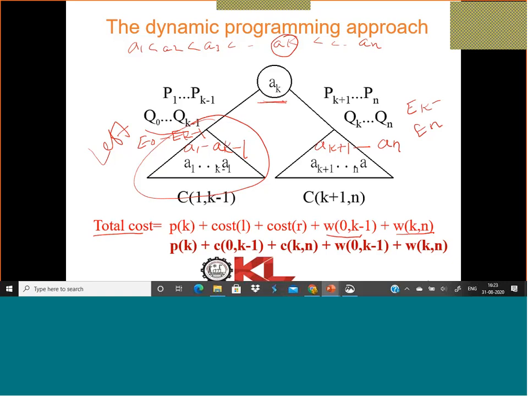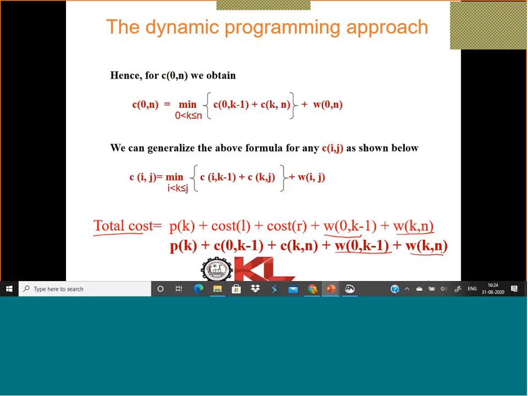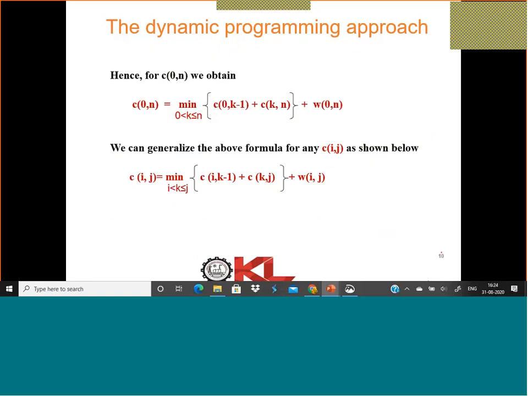That can be represented in a mathematical formula: P of K, the probability of the Kth element, plus the cost of the left subtree, that is C of 0 to K minus 1, and the cost of the right subtree, C of K comma N, plus the weight of the left subtree plus the weight of the right subtree. That is what you need to understand.